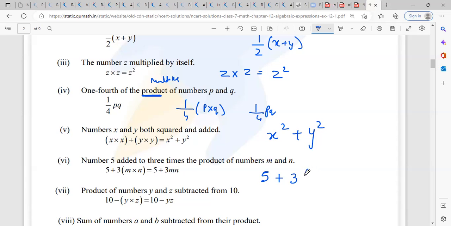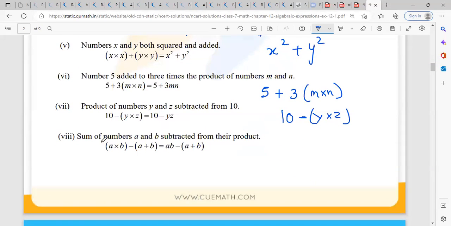Then next, product of number y and z subtracted from 10. Then sum of number a and b, they are subtracted from their product. So a multiplied by b gives you ab minus a plus b.